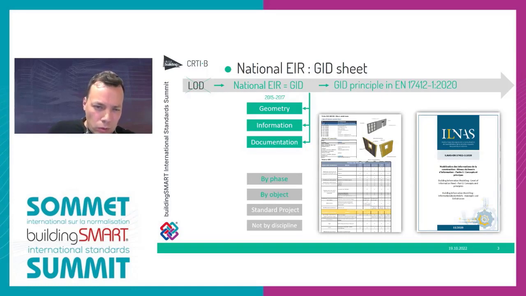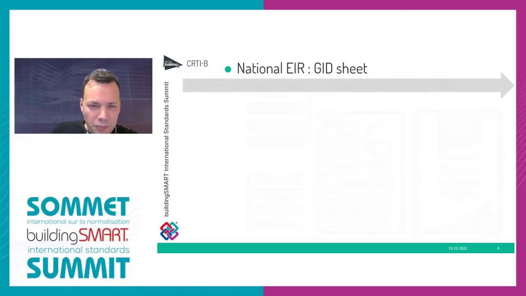But there are no use cases. It's just a standard project, and we didn't split the requirements by discipline. This principle of splitting GID requirements is included in EN 17412-1:2020, because we were part of the development of this EN.